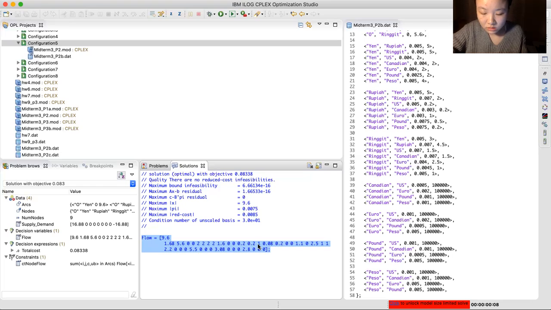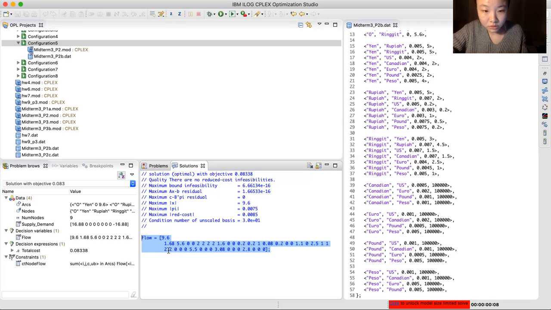And this is 1 million from rupees to euro, and 80,000 from rupees to pound. And this is 1.1 million from ringgit to US dollars, 2.5 from ringgit to euro, 1 million from ringgit to pound, and this is from ringgit to peso.